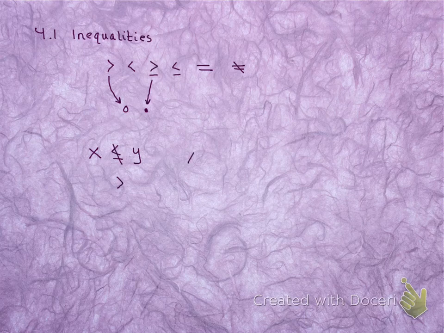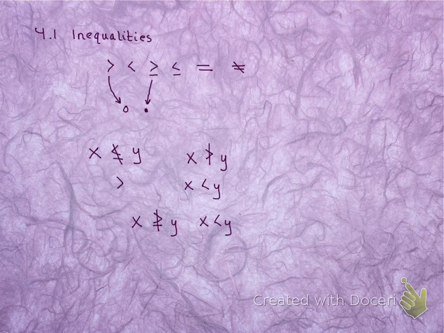Let's do another one. If X is not greater than Y, that means that X is less than Y. If X is not greater than or equal to Y, that means the total opposite of all of that, that X is less than Y.